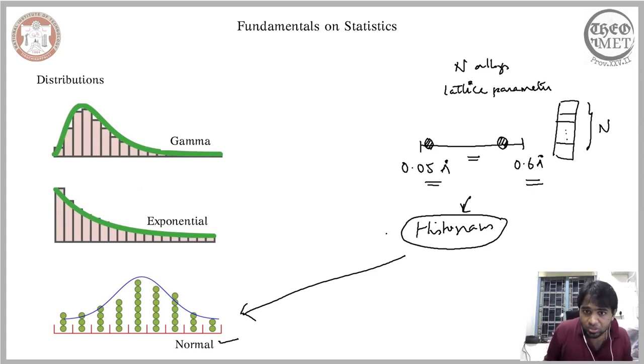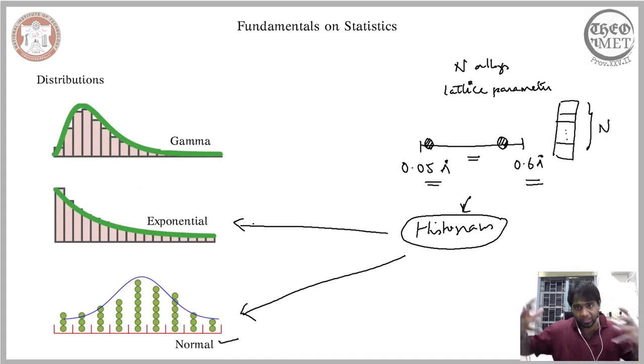So the histogram indicates that for a given combination of n different alloys, the lowest lattice parameter is the most populated region, and when you increase the lattice parameter, the population gradually decreases. This we arrive at again by building up the histogram. And when we fit a curve, the curve that results is what we refer to as the exponential distribution. Now we have considered two cases.